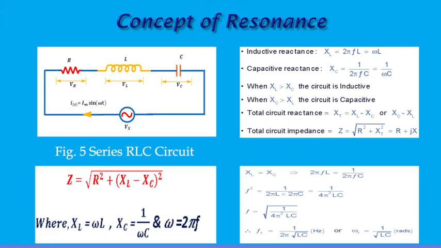When XL equals XC, the frequency at which this occurs is called the resonant frequency of the circuit. And as we are analyzing a series RLC circuit, this resonance frequency produces a series resonance. Series resonance circuits are one of the most important circuits used in electrical and electronic circuits.